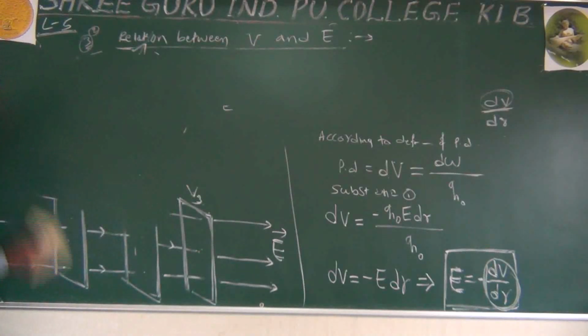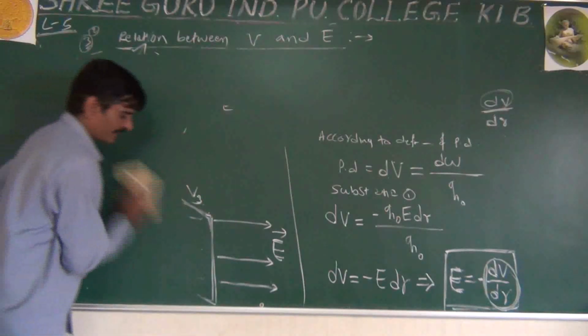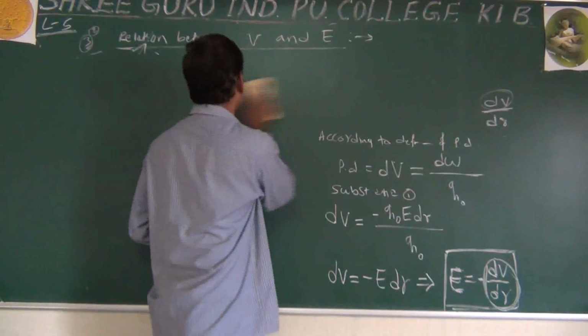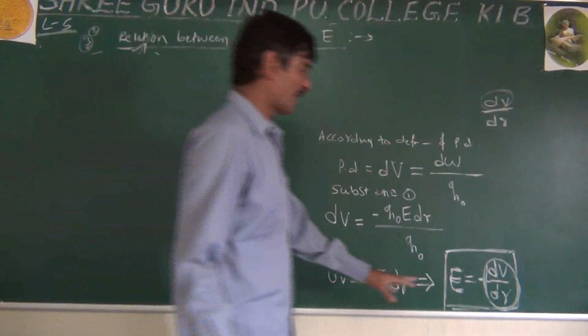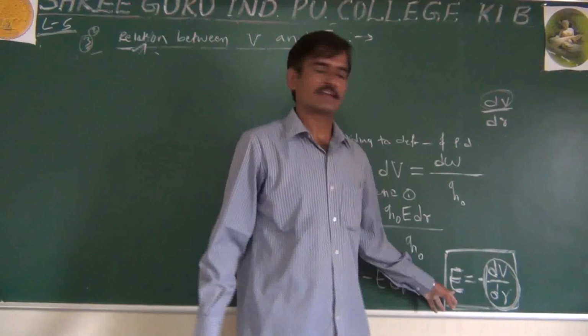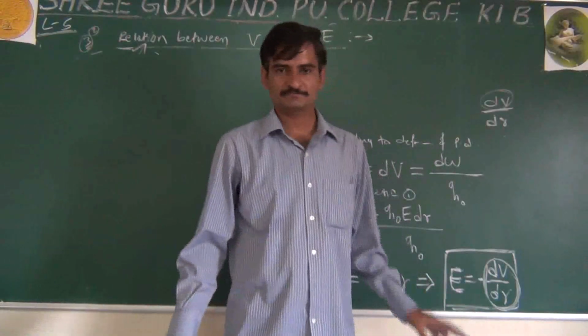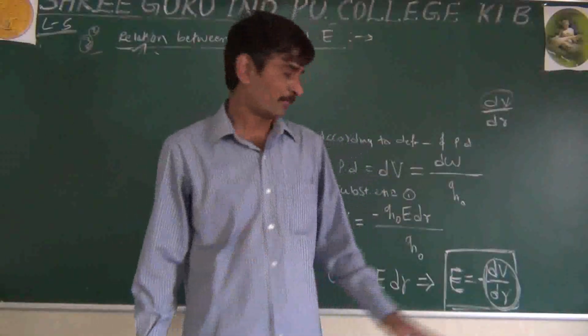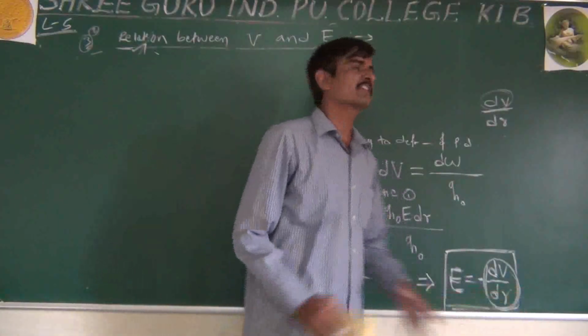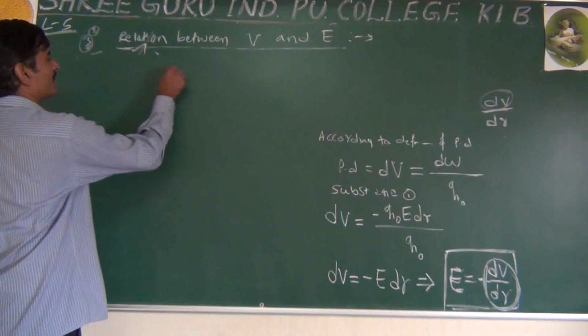This is the relation between electric potential and electric field intensity. Or you can say how to calculate electric field intensity by using electric potential. That is also by using this formula. This formula I will write like this.